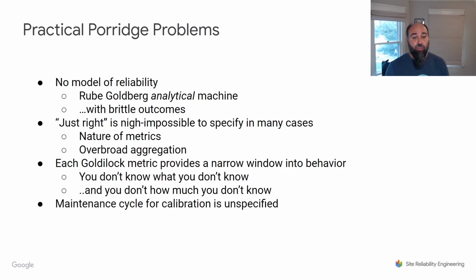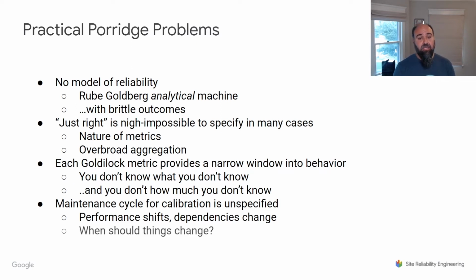And lastly, we don't know how to do a reasonable maintenance cycle for this calibration. These shifts can happen for lots of different reasons. Imagine if, for example, a library that you consume gets faster.